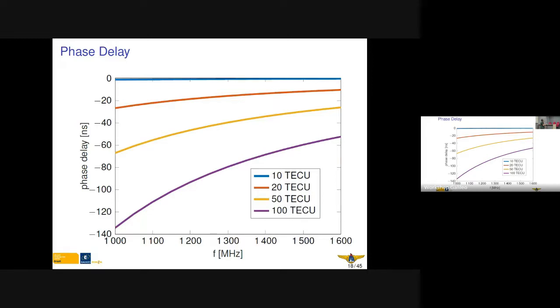So we see if the ionosphere activity is stronger, we have a significant change of the delay over the frequency. We will see in the following that this can be used to measure also the ionospheric delay of our signals when we do a dual frequency measurement, and we take into account this dependency over frequency. We can measure also the delay of the ionosphere.